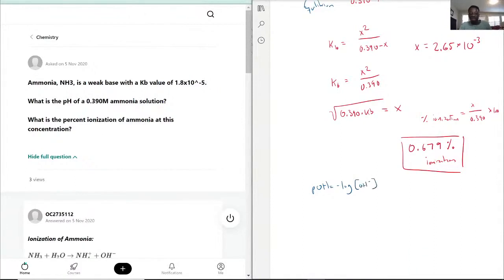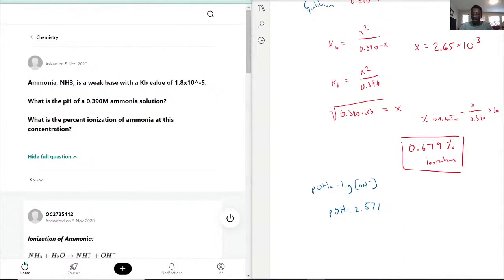So we're going to use that x value again, the 0.00265, etc. So we're going to now do negative log of that answer. And our pOH, when we put it in the calculator, ends up being 2.577, around there.